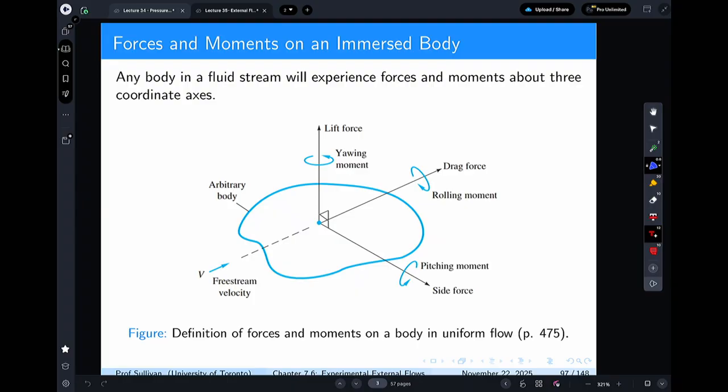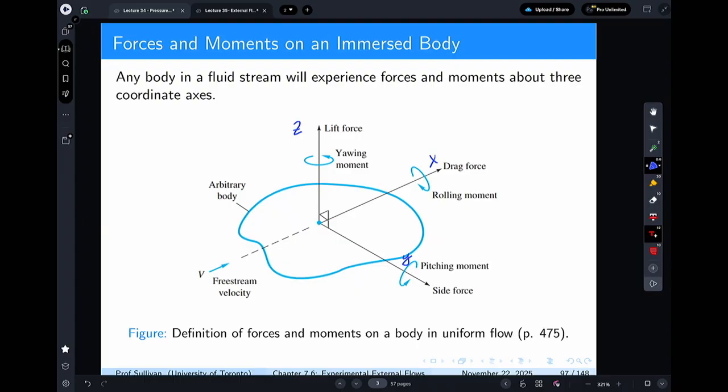Any body in a fluid stream will experience forces and moments about 3 coordinate axes. And I'm going to define x, z, y. So in the x direction, which is the streamwise direction, you have a drag force. In the y direction, you have a side force essentially pushing on the body. And in z, you have a lift force. So it can be up or down, but it's a lift in all cases.